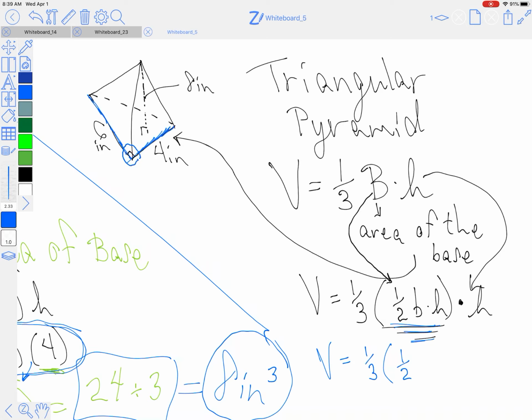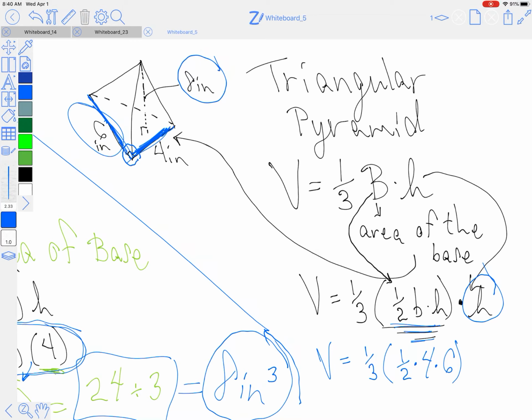So if I'm saying the 4 is my base, the height is going to be the 6 because that is the part that's connected to the 90 degrees, that's connected to the base, or the 4. So you've done those before. You found area of triangles before. The last part is to find out the height of the pyramid, and that's that last measurement, 8 inches.